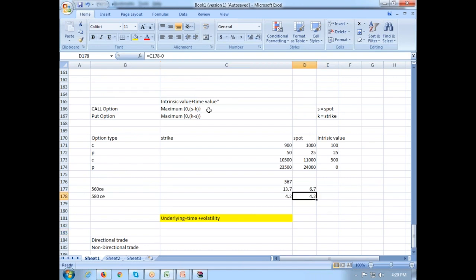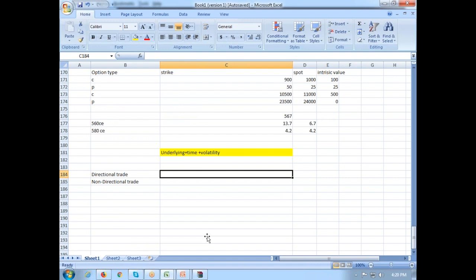This time value, when I put the asterisk mark, you understand the intrinsic value. When I put the asterisk mark, this was time and volatility, because the time always goes by. You cannot increase the time. So the time value cannot be increased, but sometimes the option value increases despite the stock being there.